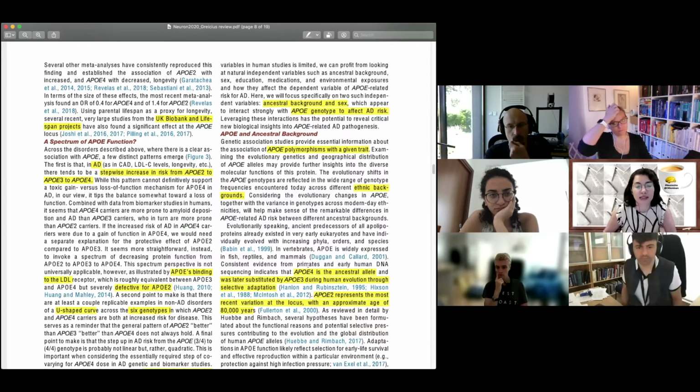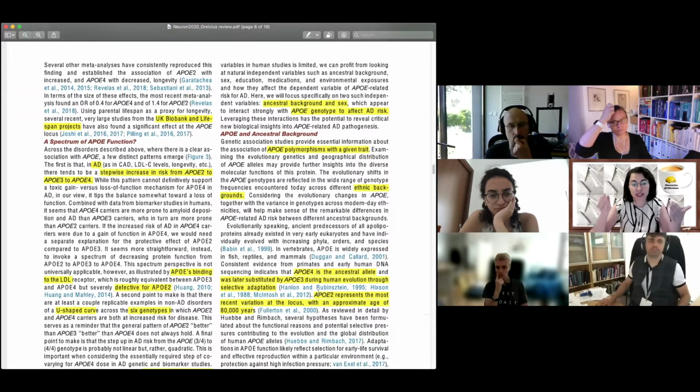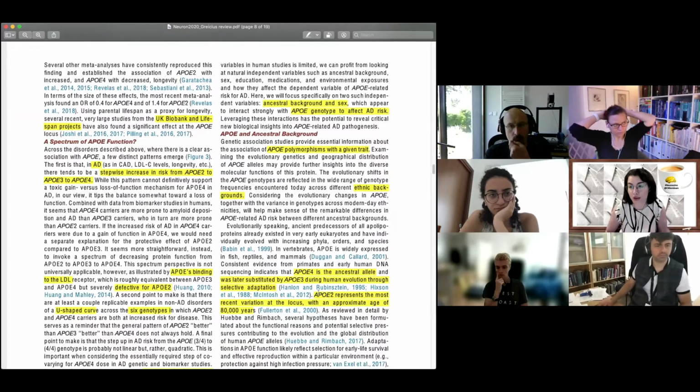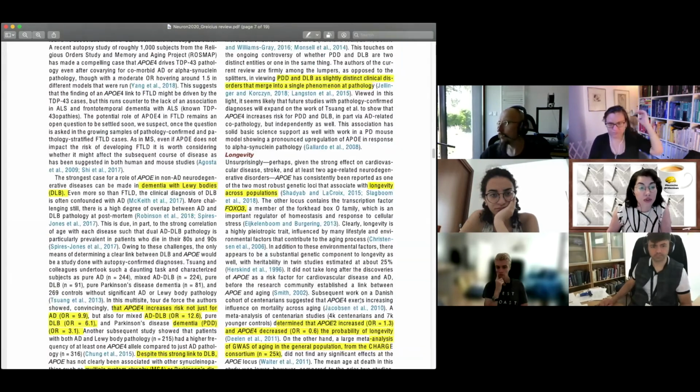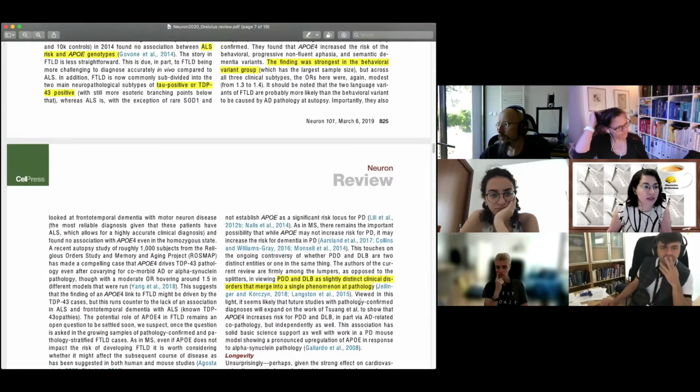And it seems there is a kind of correlation. It's better to have the APOE2 variant, for example, in terms of the risk for different diseases.